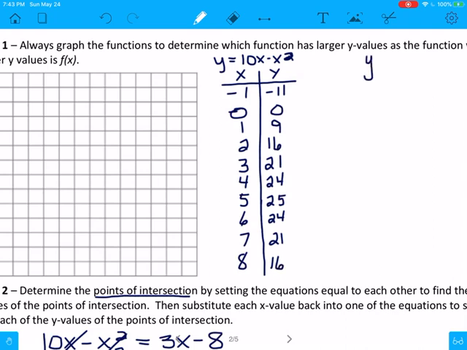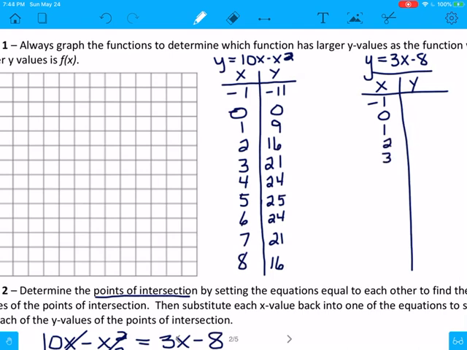Then my other equation is y equals 3x minus 8. It's a linear graph. So I need the x values between negative 1 and 8: negative 1, 0, 1, 2, 3, 4, 5, 6, 7, 8.